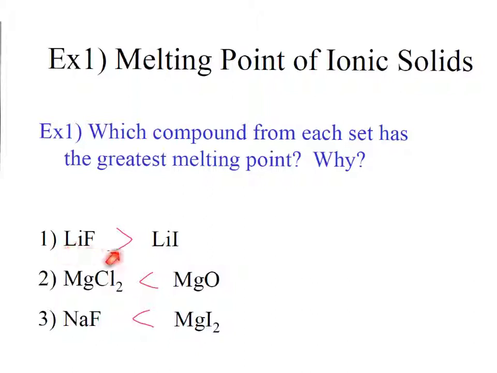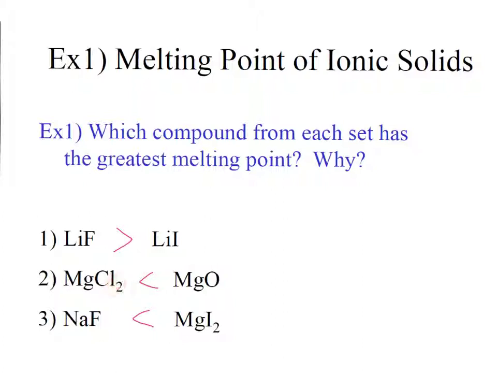Alright, so with this first one, lithium fluoride versus lithium iodide, they all have the same charge, +1, -1, +1, -1. However, fluoride is smaller than iodide, and since it's smaller, it's going to have a greater melting point because those radii are going to be closer together, and as radius or distance goes down, force goes up, so it's going to take more energy to melt those guys.